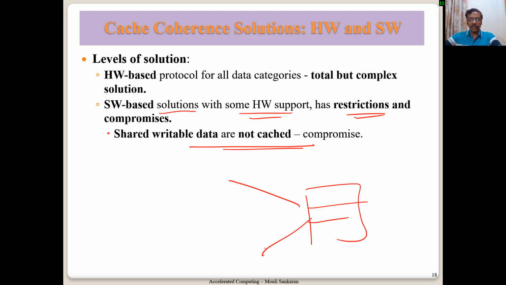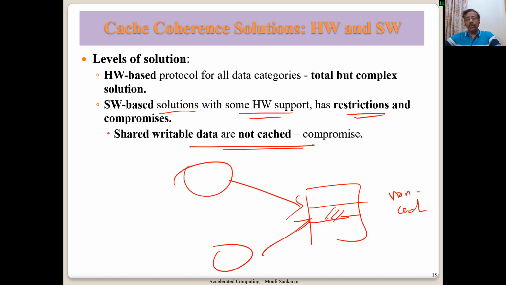Performance. You need to compromise on performance, because you are not going to cache that particular element at all. That means for every write and read, you have to come to the main memory. So this is not a probable solution. It impacts the performance in a very great way. So there is no software solution for critical situations. You cannot solve this by software.